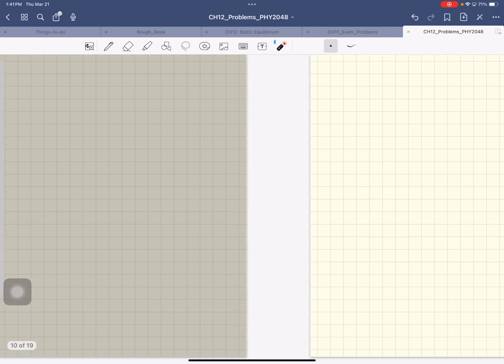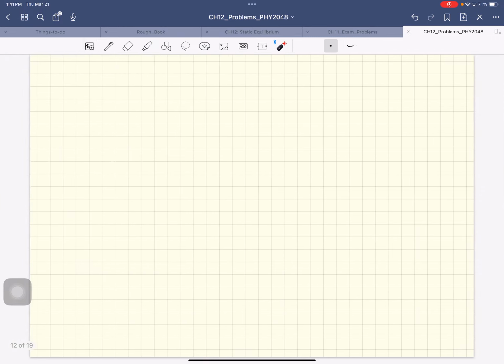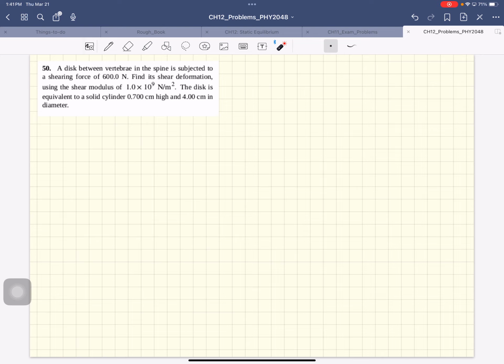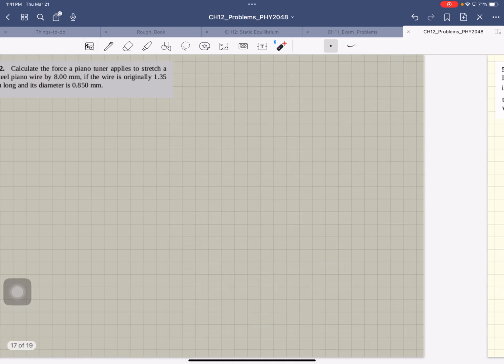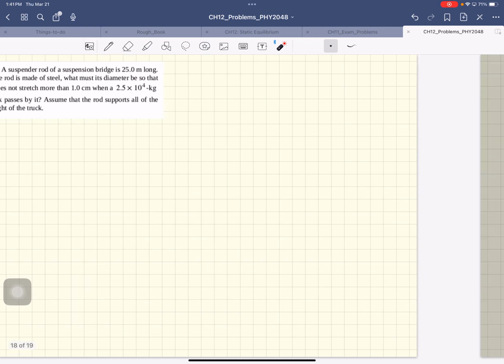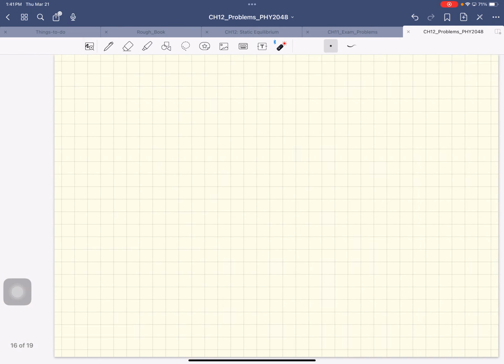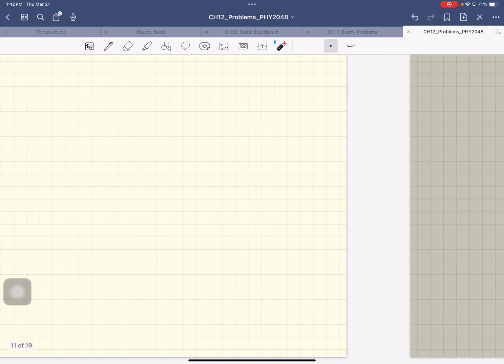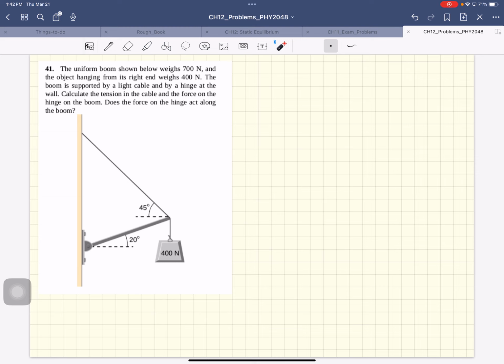Okay, so we'll do this one. It's a little more involved. All right, so this problem says the uniform boom shown below weighs 700 newtons.